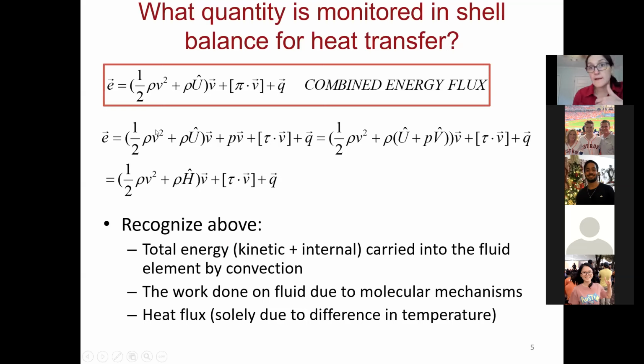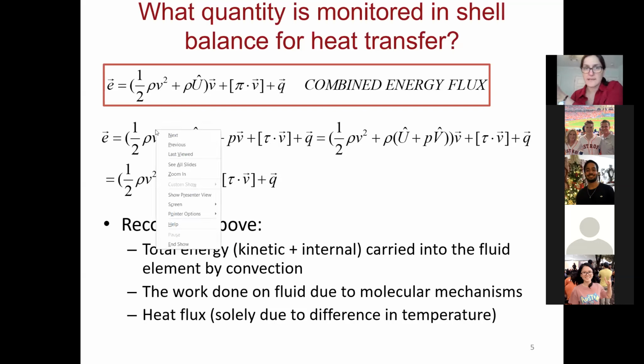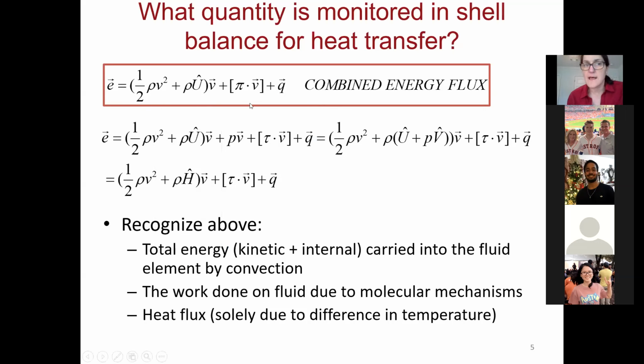For one, I could simply have fluid flow into my static frame, just like I'm flowing in right now, and that brings energy with it. This is the first term of the combined energy flux, which is kinetic energy plus internal energy carried in with velocity v. This is the so-called convective portion.